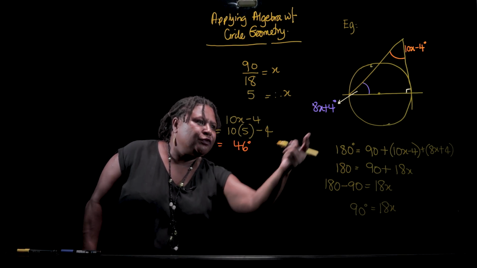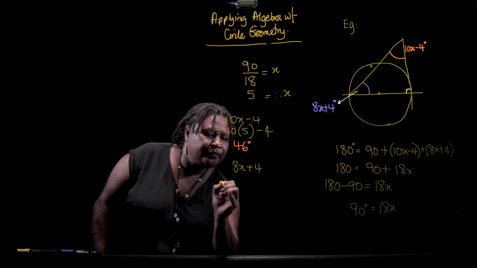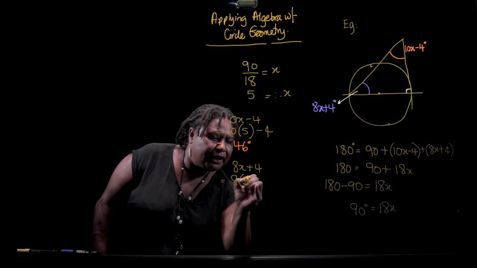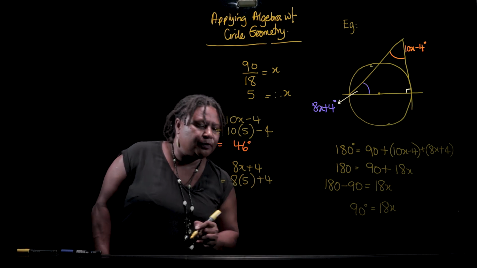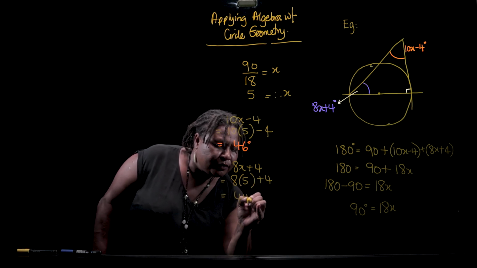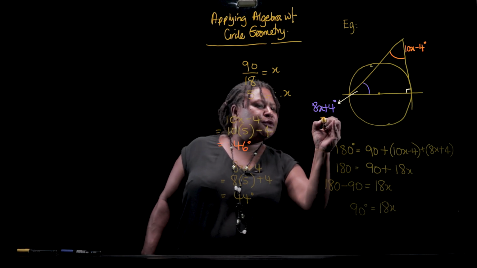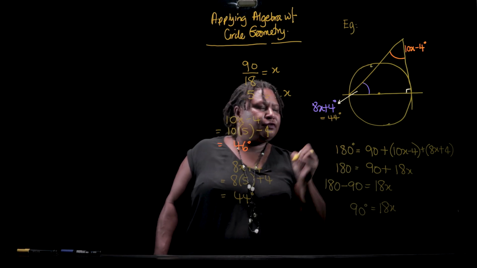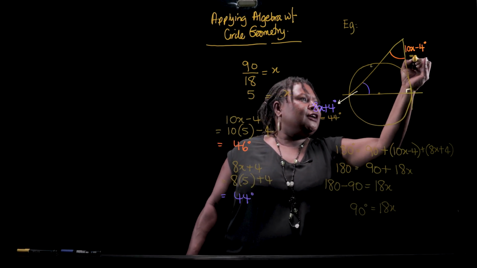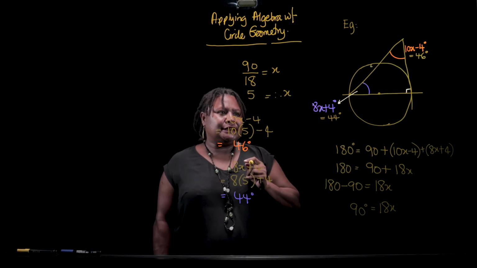Now we find the second angle, 8x plus 4. 8 times 5 is 40, plus 4 will give us 44 degrees. So this angle here is equal to 44 degrees, and this angle here is equal to 46 degrees.